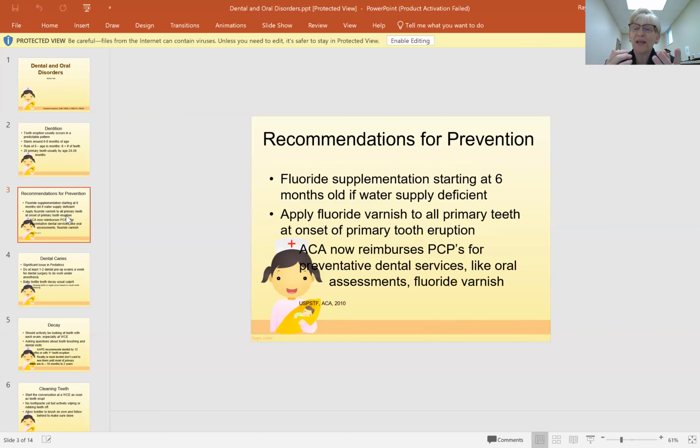So we can do fluoride varnish in the primary care or the PCP's office, as well as the dentist. We can also get paid for oral assessments and fluoride varnish.